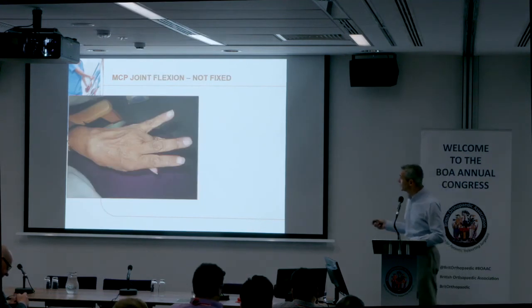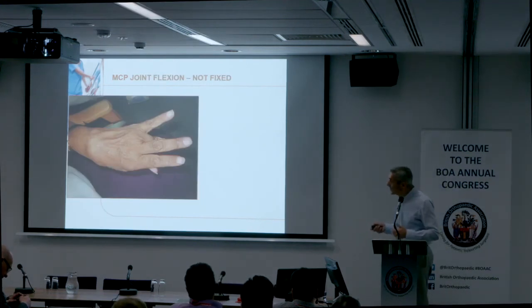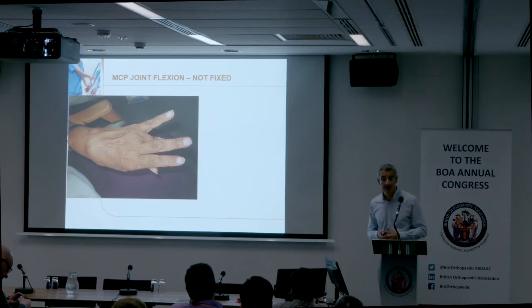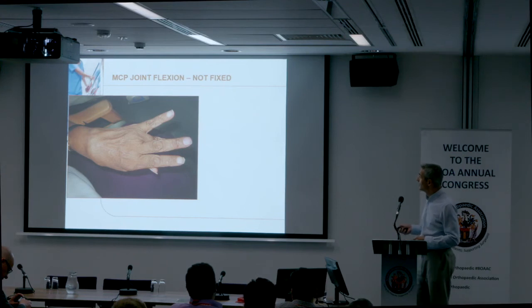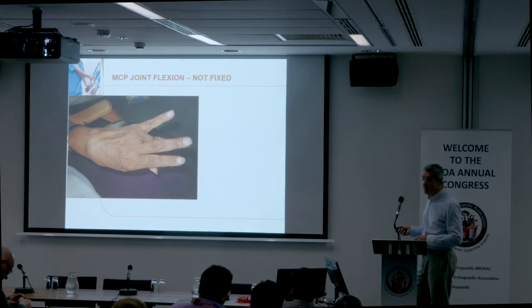Here's another clinical presentation that you might see either in the clinics or in the exam. We've got loss of MCP joint extension in the ring finger. It is passively correctable, so it's not a fixed deformity.